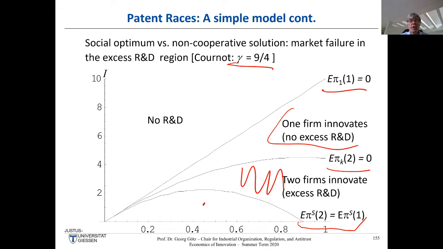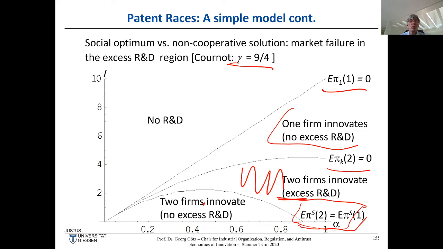But employees will have a tough time understanding why the R&D laboratory closes down, even though it's profitable in a sense. However, it's not profitable in the sense of joint profit maximization. Okay, that's what we have here.